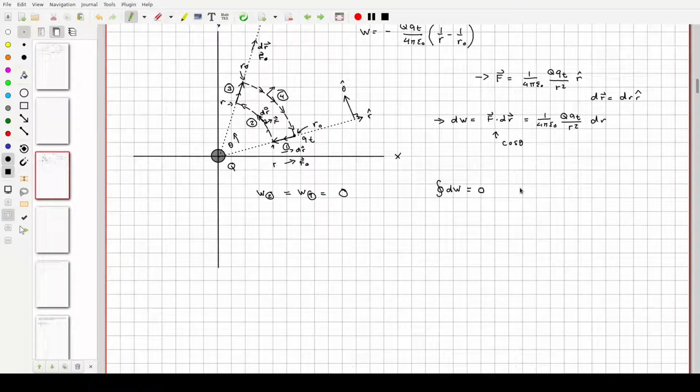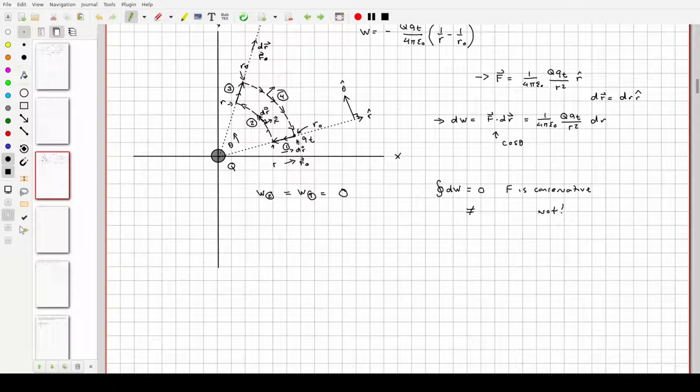If this is true, then F is conservative. If it's not true, then F is not conservative. So the question is, is this true? And just to remind you, the little circle here on this integral means a closed loop.